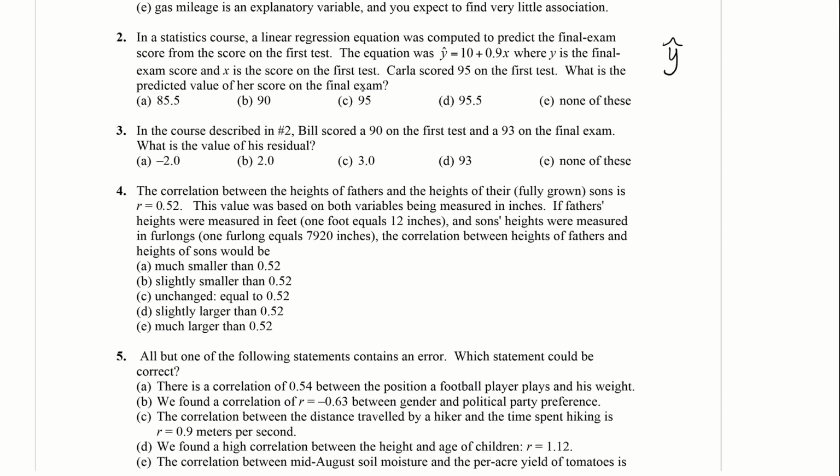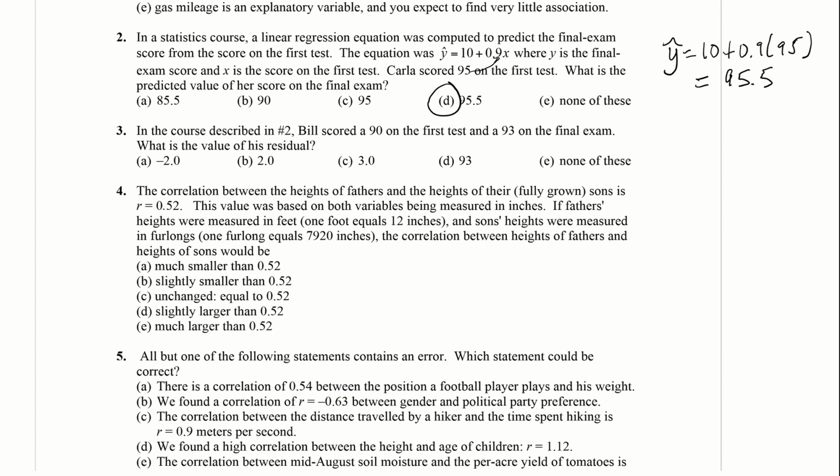All we have to do is plug 95 into the equation. We get 10 plus 0.9 times 95. You do that on the calculator, you get approximately 95.5. So that's her predicted score on the final exam.